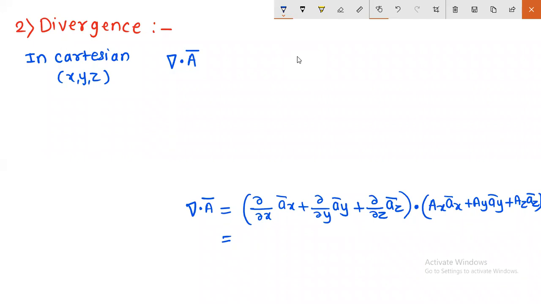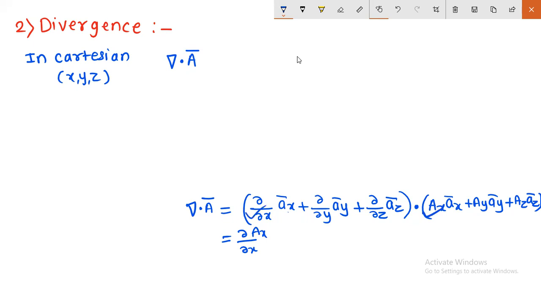Is this a scalar quantity or a vector quantity? Dot product. Scalar quantity, correct. Because here a bar x dot a bar x will come as one, and the other quantities are 0. We have already calculated, so it will remain only as dabba upon dabba x of ax, just multiplying the coefficients here.